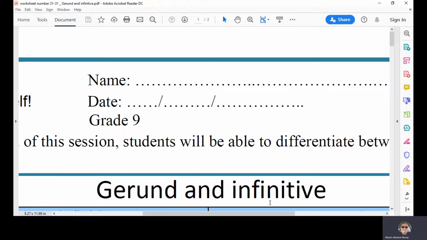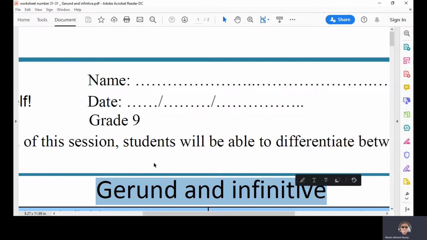Okay? What is the infinitive? Also, the infinitive is a verb, but we put before it to, like to play. So, the infinitive to play or to go, the gerund playing, going.